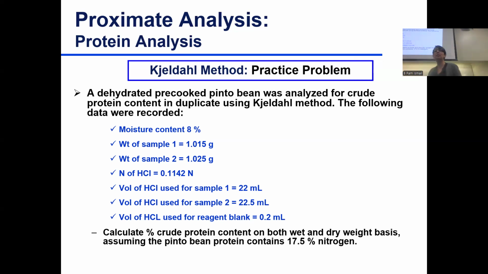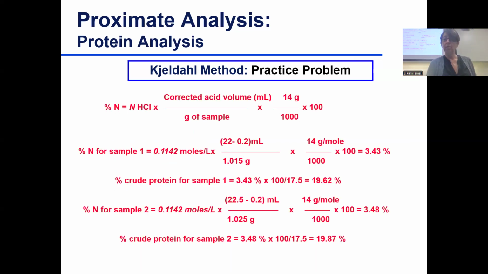Right? So what is the conversion factor? 5.7. Okay, so then you would use that conversion factor to multiply it by your percent nitrogen to get your percent protein for rep 1, 19.62, and rep 2, 19.87.